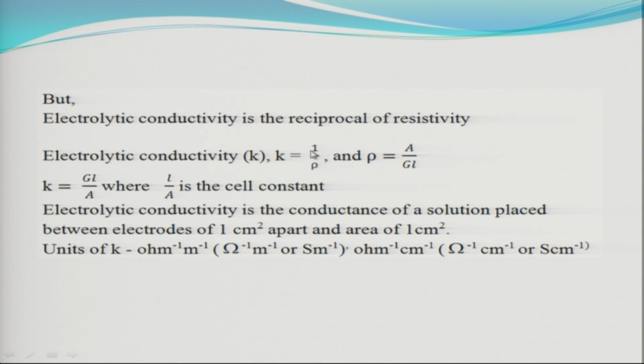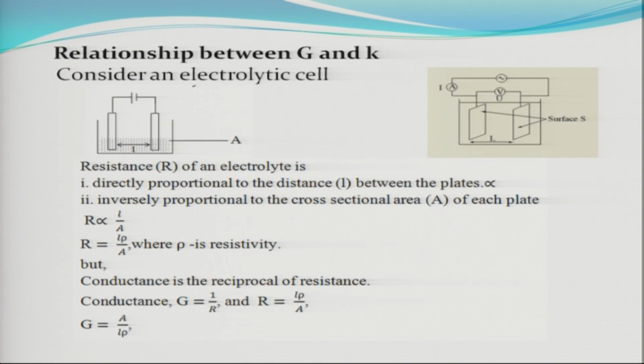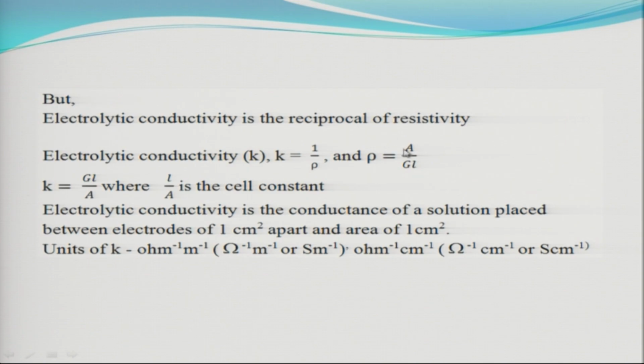But again, we have seen our resistivity here, so we can make it the subject of the formula. You observe that resistivity will be equal to A over GL. This G here is our conductance. So in this relationship, we are talking about conductance, and we can use this relationship to get our answer.